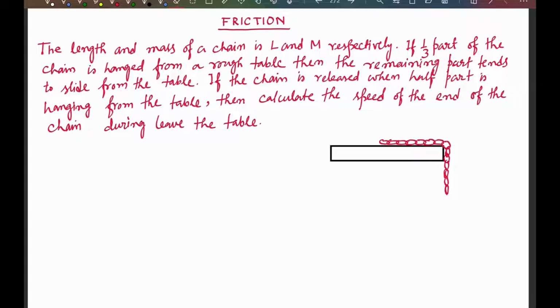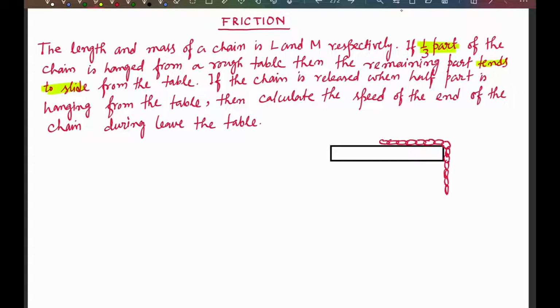A chain of length L and mass M is placed on a table. When 1/3 part of the chain is hanging from the table, then the remaining part tends to slide from the table.